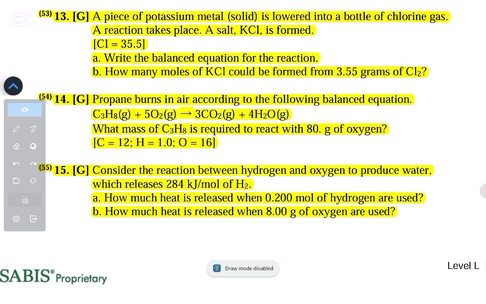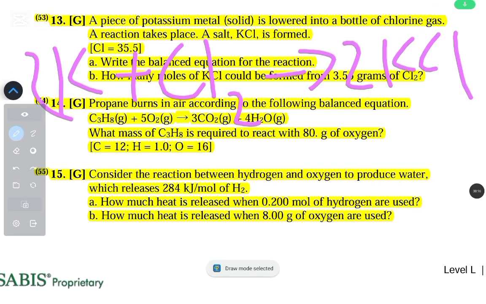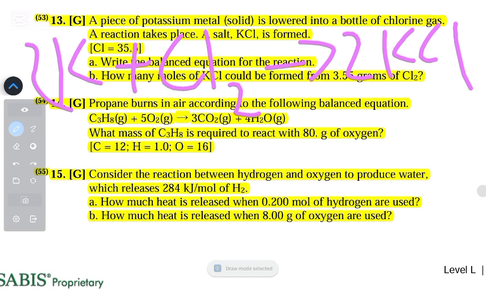Yes, that's the balanced equation, because K is group 1 and Cl is group 7. So the balanced equation is 2K plus Cl2 gives 2KCl.